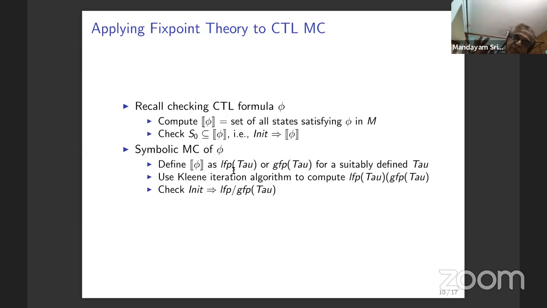I keep repeating that since a set of states can also be defined as a formula, these algorithms can also be considered as transforming formulas, where tau is viewed as a predicate transformer. So they will be producing symbolic formulas as output, after which you can do this check using a satisfiability solver or appropriate tool.